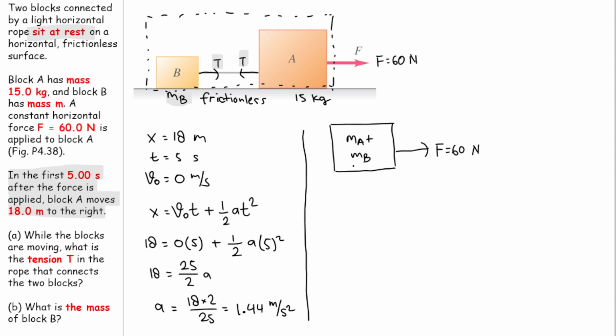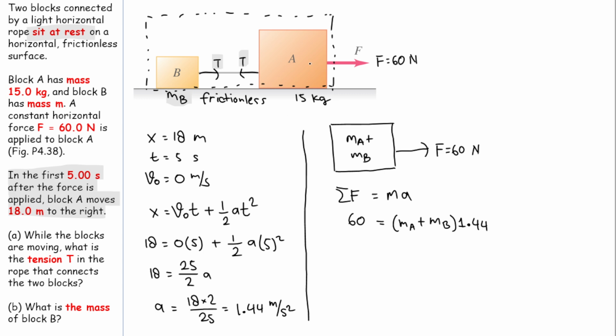However, we can use Newton's second law here. Sigma F is equal to the mass times acceleration. The only force that works on the system is this one, so I have 60 here. And the mass is mass of A plus mass of B, multiplied by the acceleration, which is 1.44. Good.